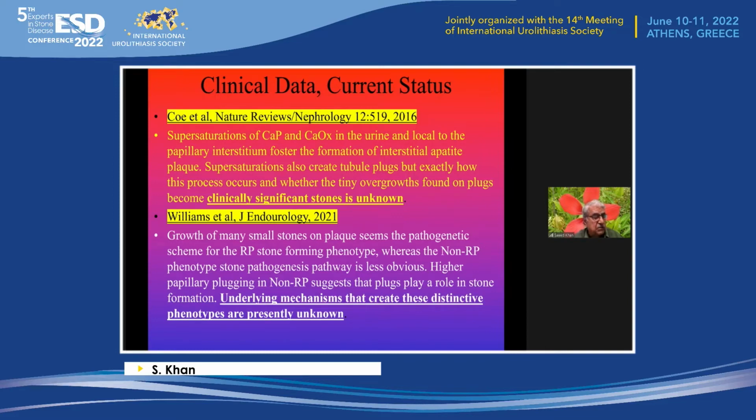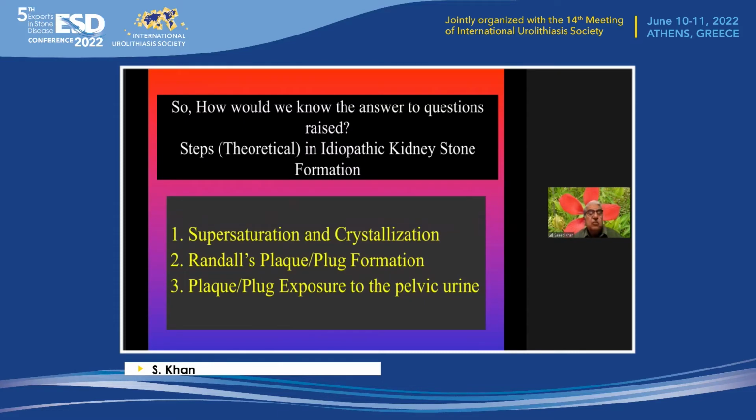Underlying mechanisms that create these distinctive phenotypes are presently unknown. So now we know two or three things: that supersaturation and crystallization are an important part, that there are Randall's plaques and plugs, and that plaques and plugs exposure to the pelvic urine starts the stone formation.